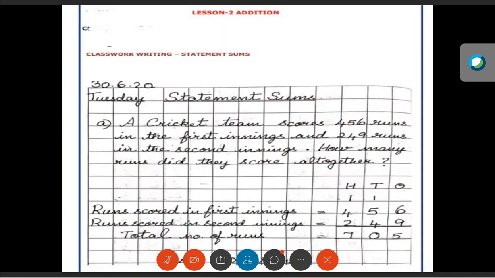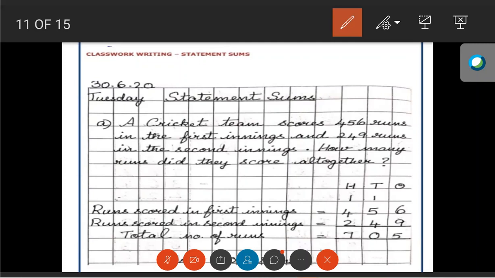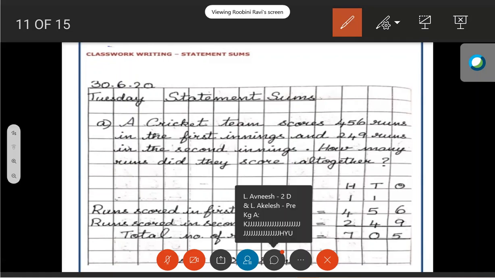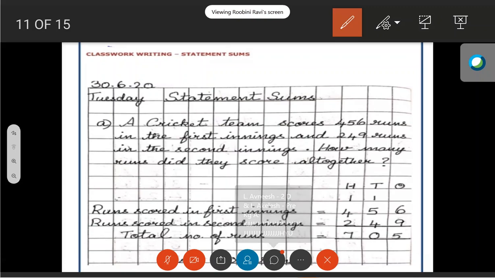A cricket team scores 456 runs in the first innings and 249 runs in the second innings.